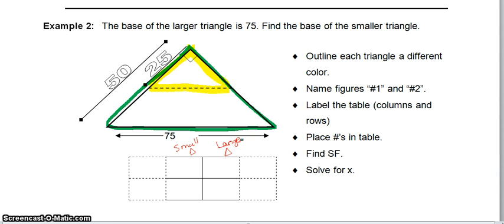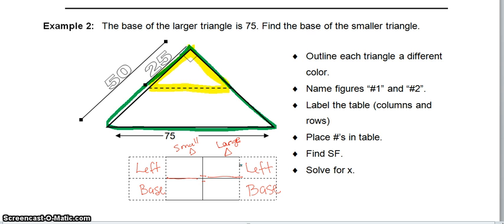Okay, in the small triangle we're going to be looking at the slanted side on the left and then the base. And so then of course we're going to be comparing the same things on the large triangle, the left side to the base. So in the middle is where I put my proportion.